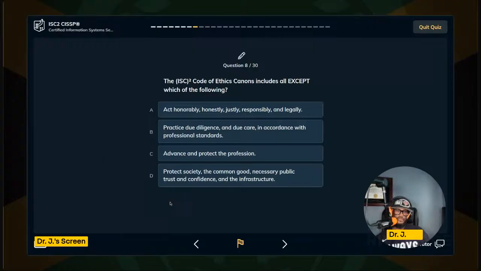Alpha and Charlie, I believe, are correct. I think Bravo's wrong because I know one of them has to do with principals, and I don't see that here. I think this is gonna be Bravo.